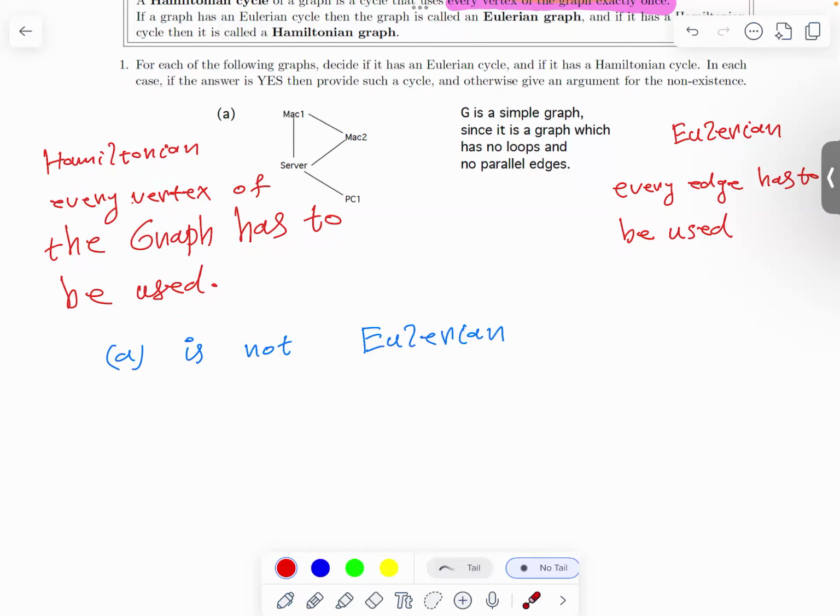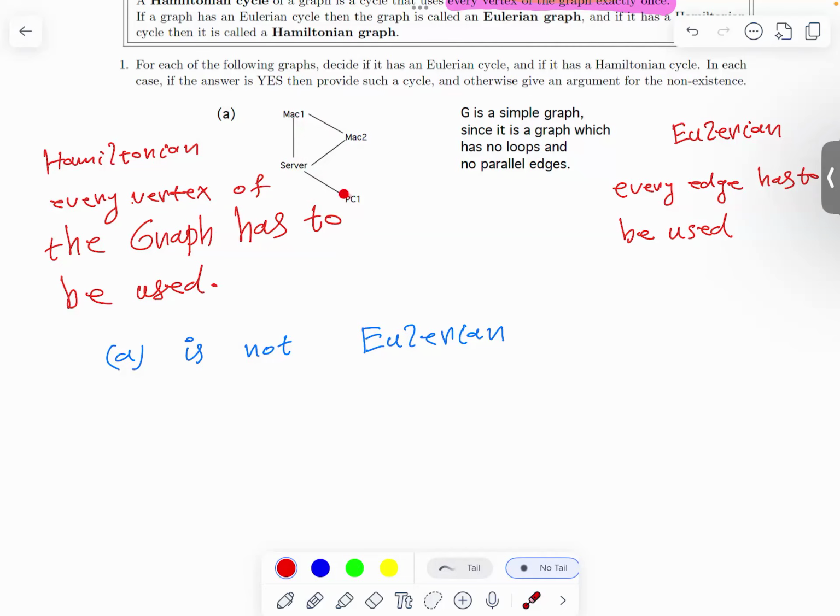Hamiltonian: if I start somewhere, I need to pass PC1, or if I start from PC1, I need to come back from PC1. In any condition, there is the server vertex here, and I need to pass through this server. So this server will be the reason for it not being Hamiltonian. Say Mac2, Mac1, server.